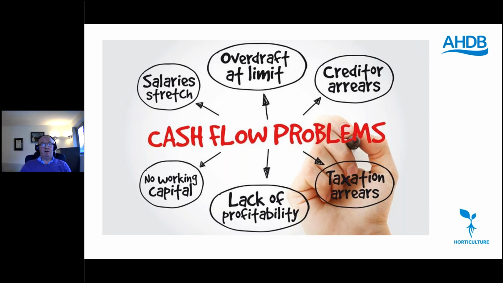Sometimes you've got a large VAT bill coming up. And one of the areas we don't often focus on that creates cash flow problems is the lack of profitability in the business. As Neil's emphasised, banks are not keen to lend to businesses that are not performing. Maybe it's a high cost of production, maybe it's high wastage. So what can we do, and how do we balance the cash flow with the profitability?